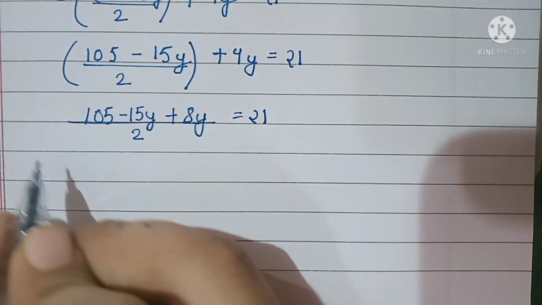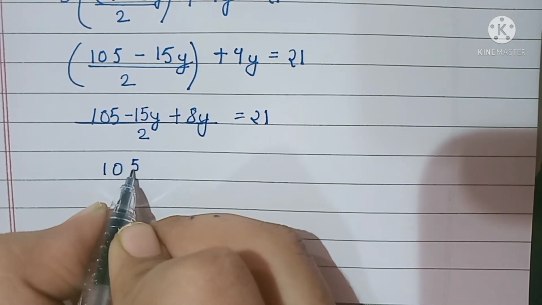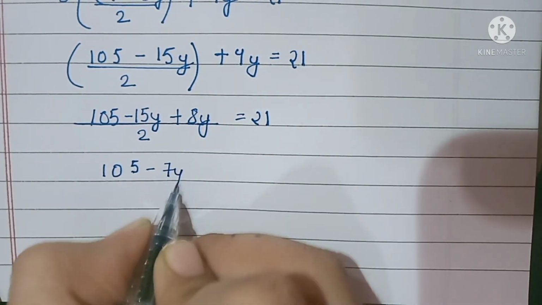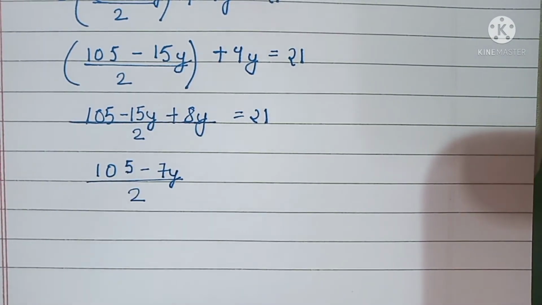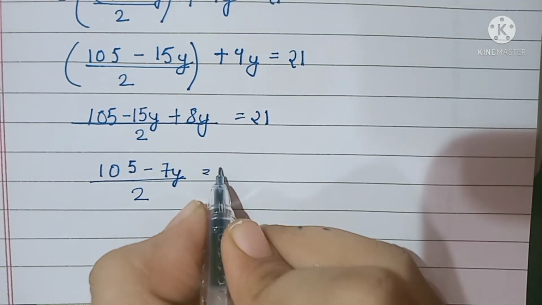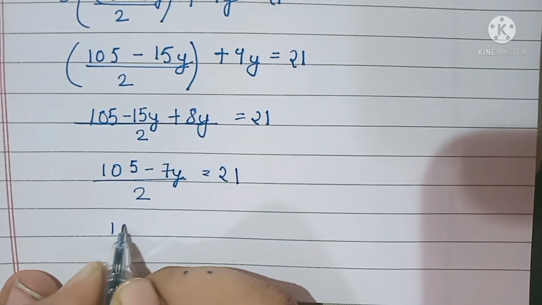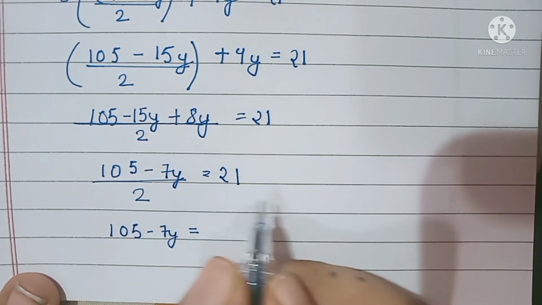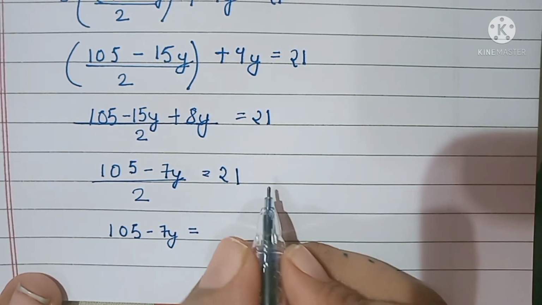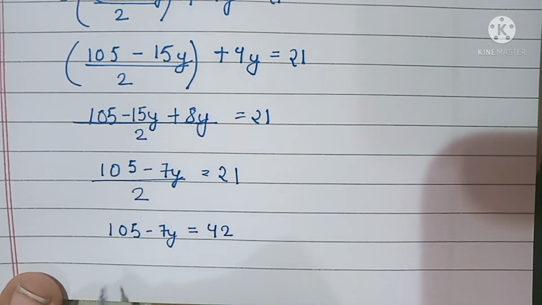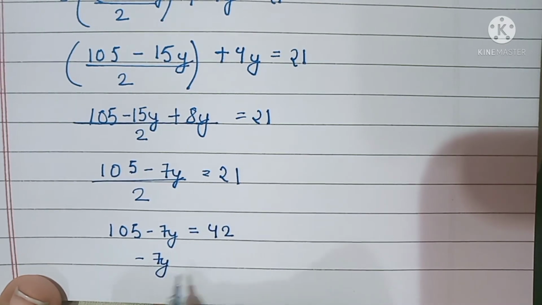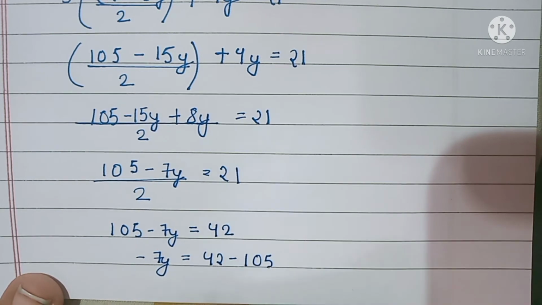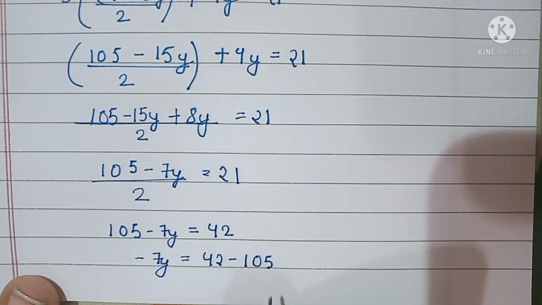So 105 minus 15y and plus 8y is minus 7y upon 2 is equal to 21. So 105 minus 7y is equal to, 2 will go to that side in multiplication, 21 into 2 is 42. 105 minus 7y is equal to 42. 105 will go to that side in negative.